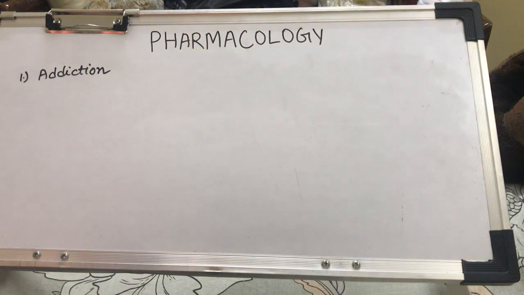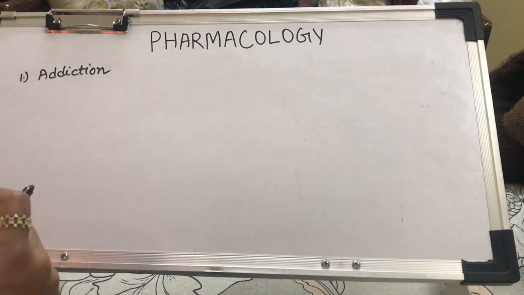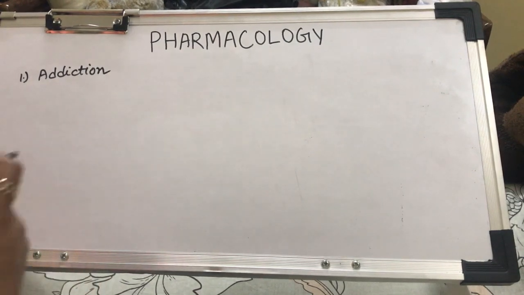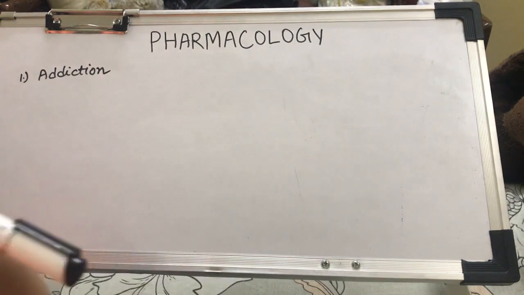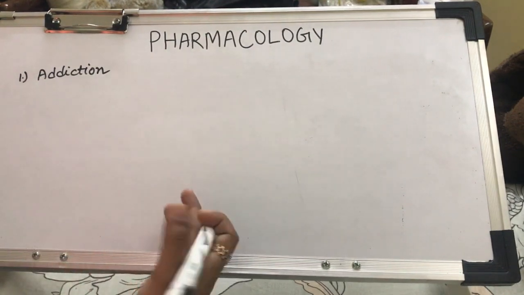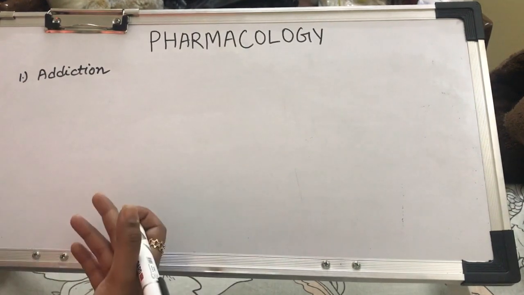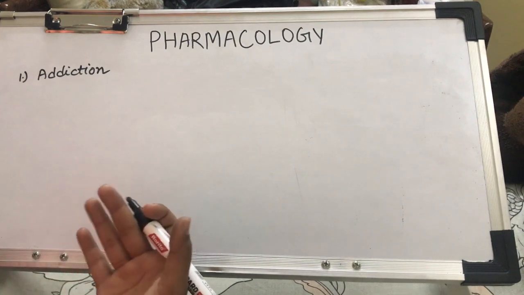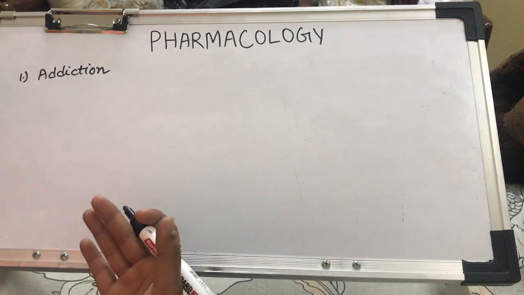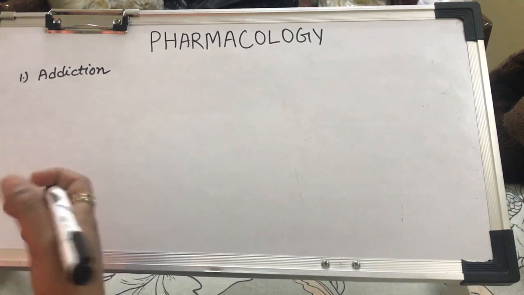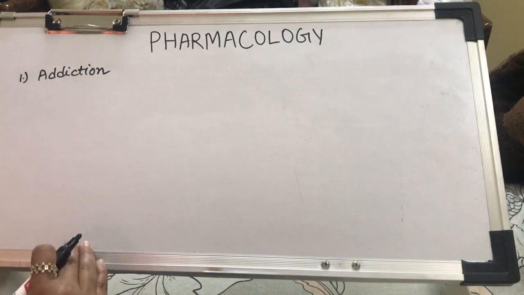You are uncontrollably seeking drugs, you are being secretive and hiding these drugs, you are having relationship difficulties, you are having behavioral disturbances. These are some of the common symptoms which can be seen in a person who is suffering from addiction with any kind of drug, activity or chemical.